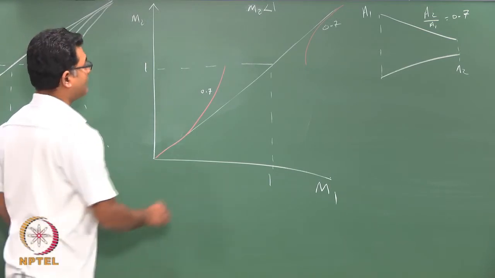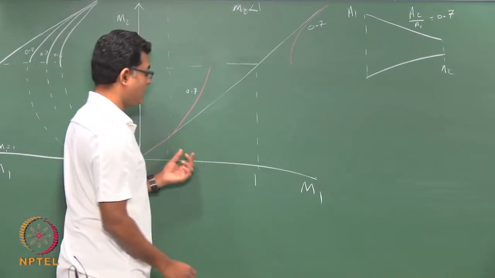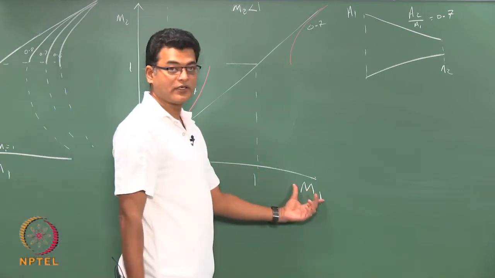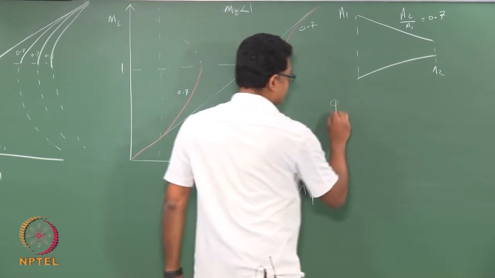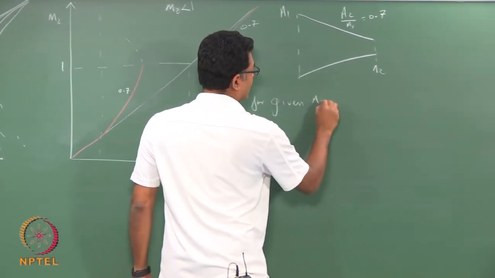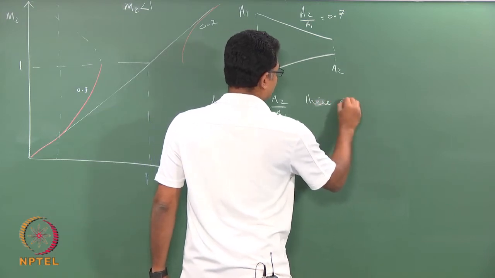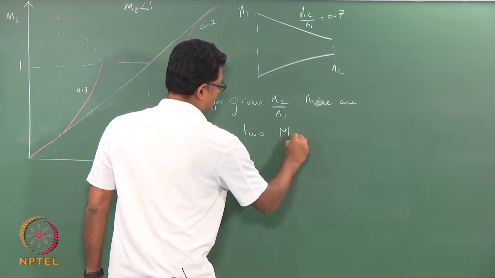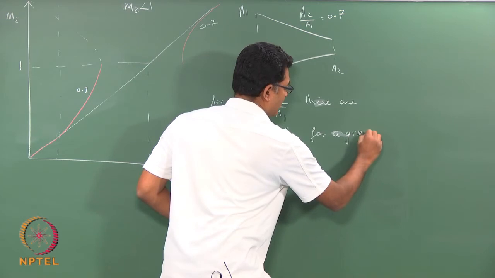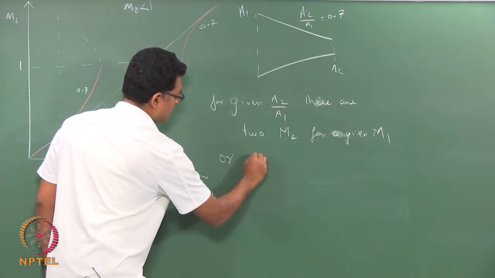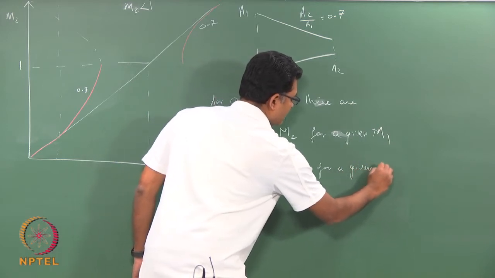If you look at this, for a given M1, M1 subsonic or M1 supersonic, I have two solutions here for M2 for a given A2 by A1, or no solution for a given M1.